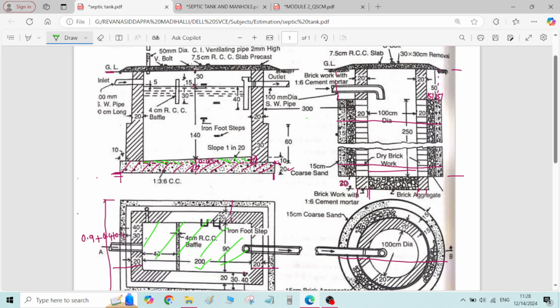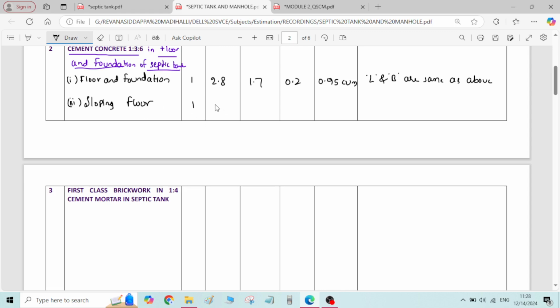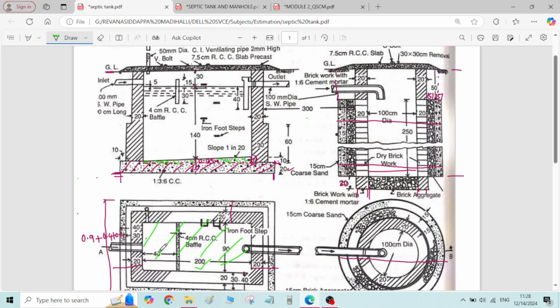Coming to the width of the sloping floor, it is 90 centimeter. So 2 meter is the length, 0.9 meter is the width, inner dimensions only.